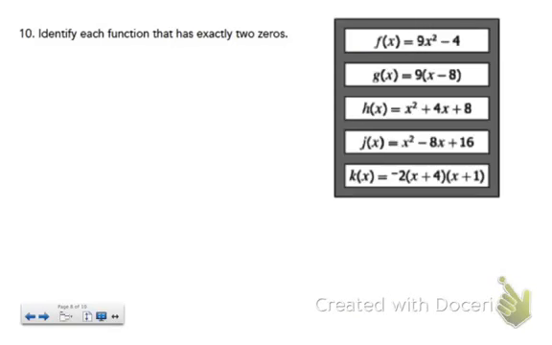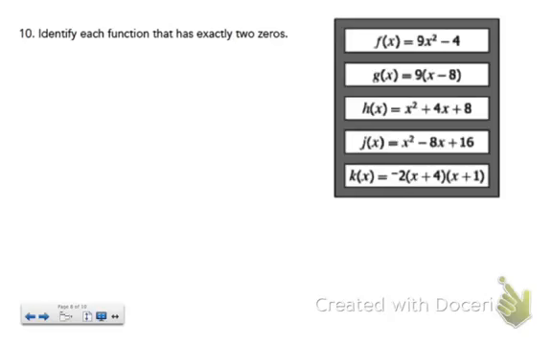Alright, number 10, identify each function that has exactly 2 zeros. So one way to do this would be to graph every single one in your calculator and see which ones cross the x-axis exactly twice. Or you could try to factor or solve algebraically, or you could use the discriminant.